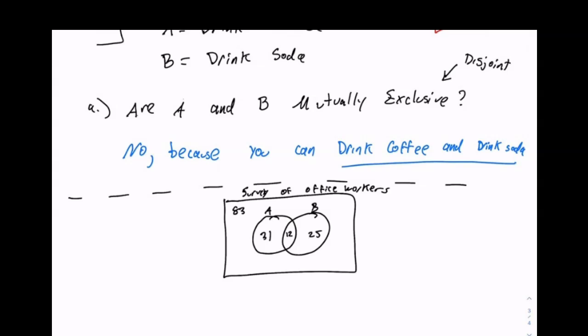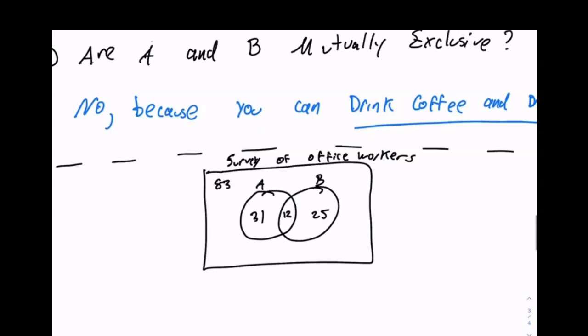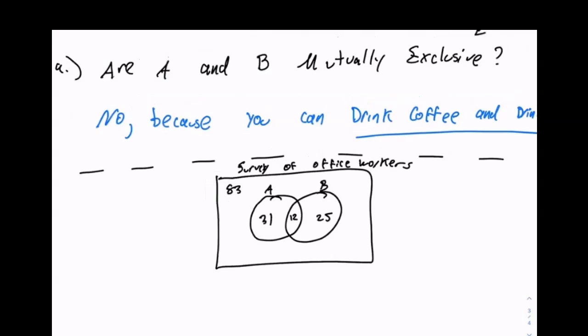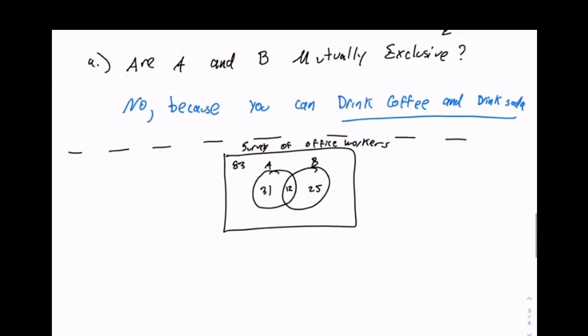That's how many elements, in this case an element represents an office worker, is in each of the events or not in the event. And each of these numbers represents an and. So question B.